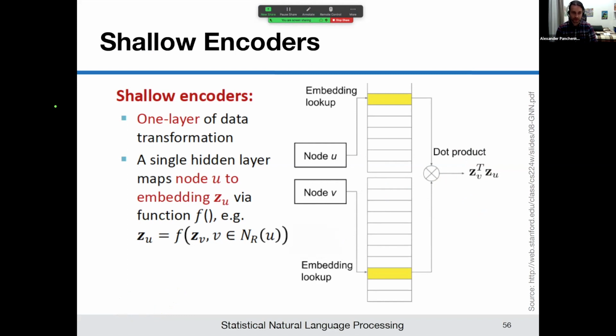What is the problem with this? The problem is that these representations perform a lookup of embeddings from a table, but you might simply not have these records for new nodes, or these representations might not be powerful enough for solving some of the tasks.